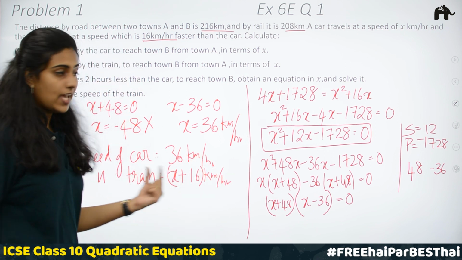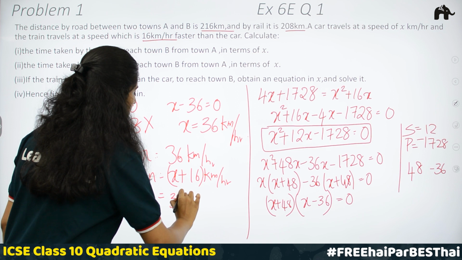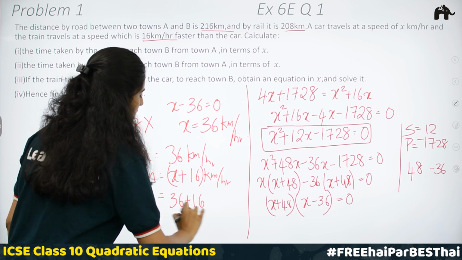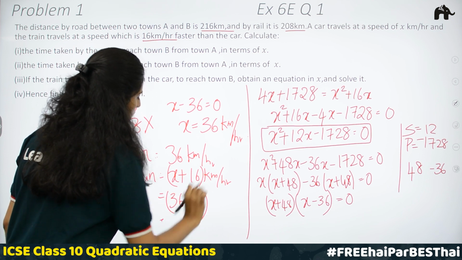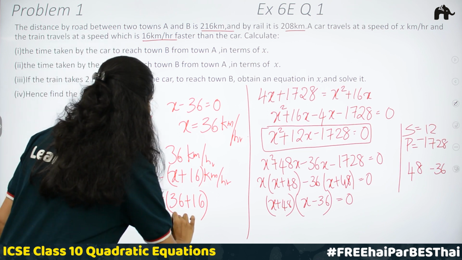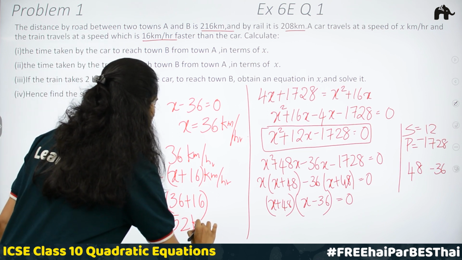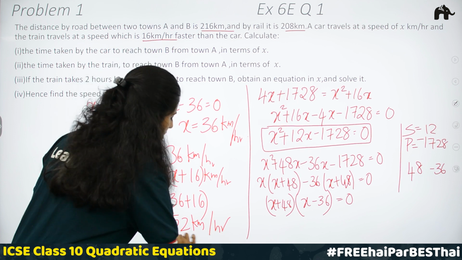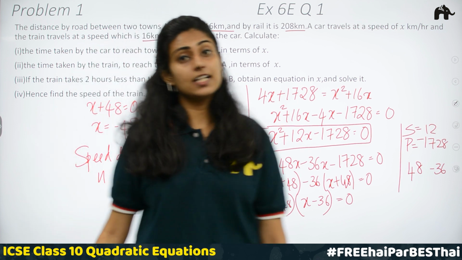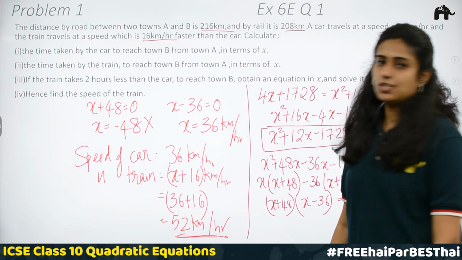We got the value of x, which is 36. 36 plus 16 is equal to 52 km per hour. We got the speed of the car and the speed of the train.